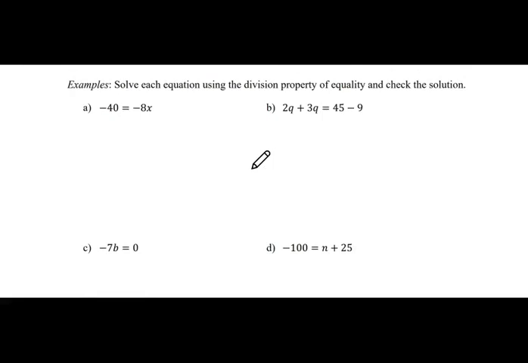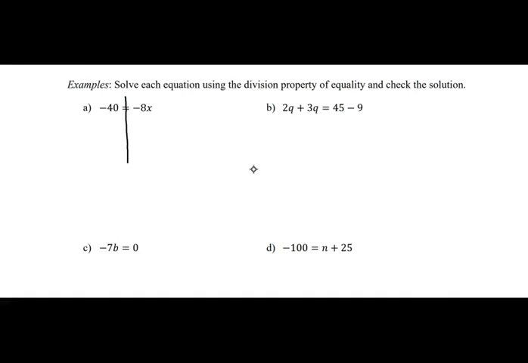Just like we always do when solving equations, our goal is to isolate the variable, get the variable by itself, by doing the opposite of what's already in the equation. First we're going to divide our equation into the left side and right side. Our unknown, the variable x, is on the right side of the equation, so we look at the right side to see what operations are needed.